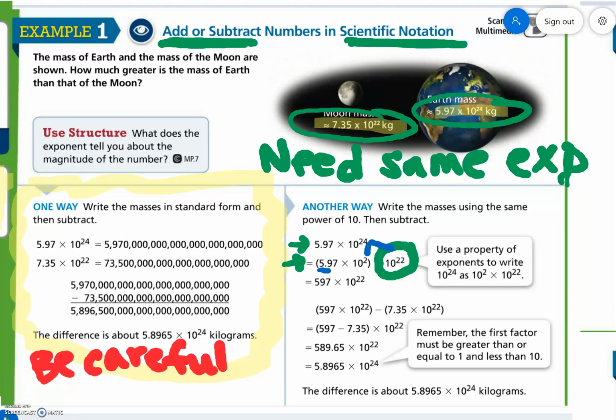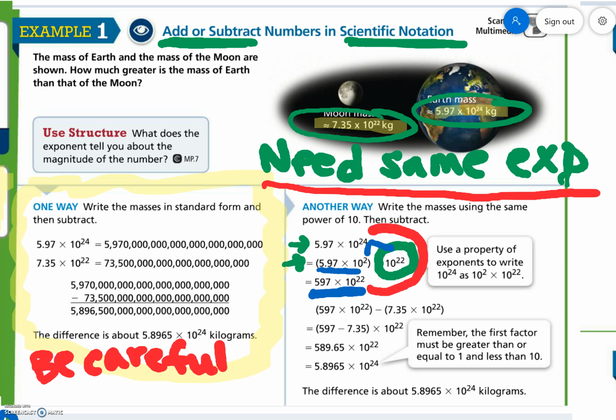So then we do 5.97 times 10 to the 2nd power, meaning you move the decimal twice. It's positive, so you move it to the right. So this number, 597 times 10 to the 22nd, although it's not written in correct scientific notation, it's okay for us to use because we need to have the same exponent to add or subtract. This 597 times 10 to the 22nd is the exact same as 5.97 times 10 to the 24th.